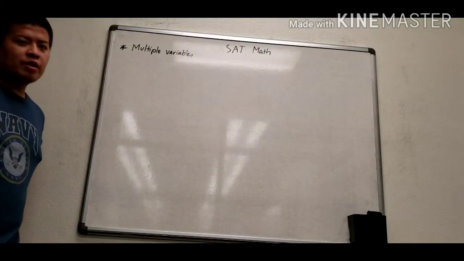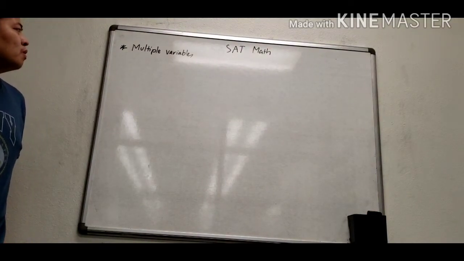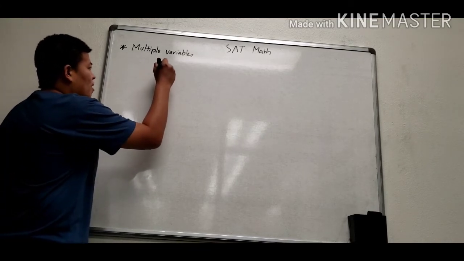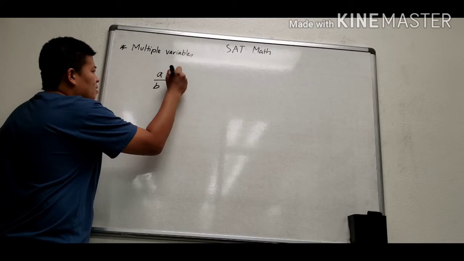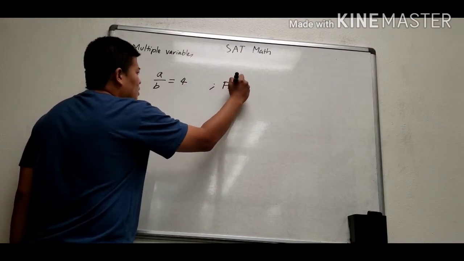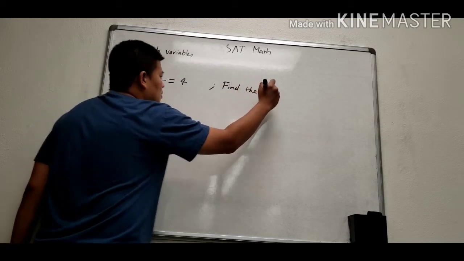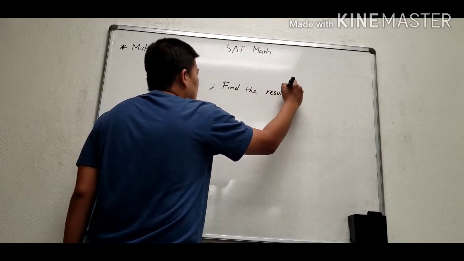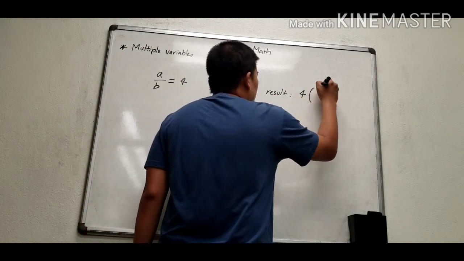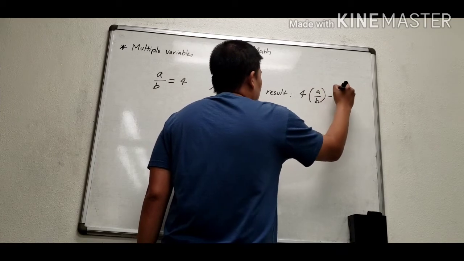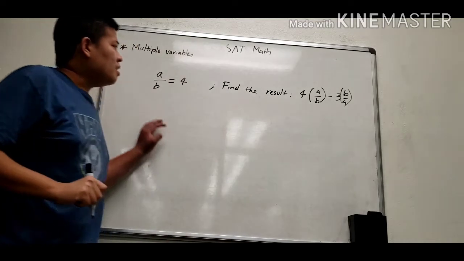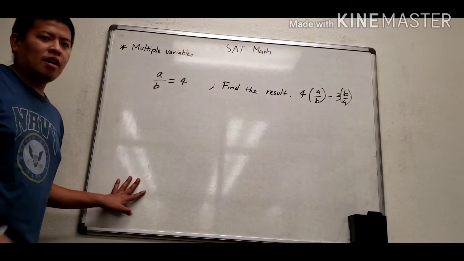Next topic, I will talk about multiple variables. This means that in the SAT math, they will have A divided by B equal to 4. However, they ask you to find the result of 4AB minus 3B over A. This is something we can see many times on the SAT math.